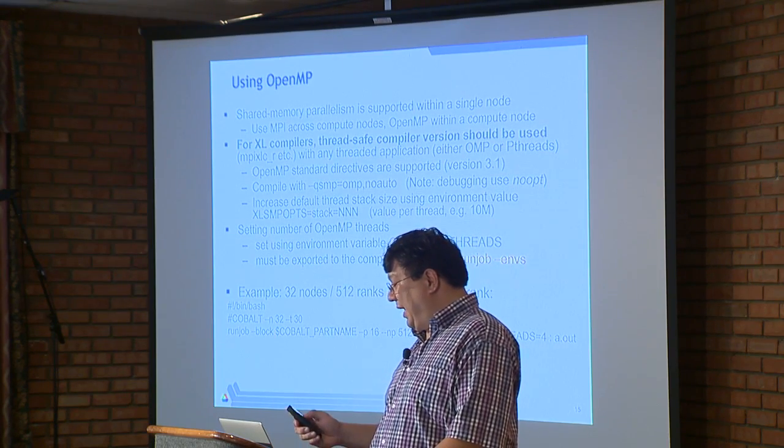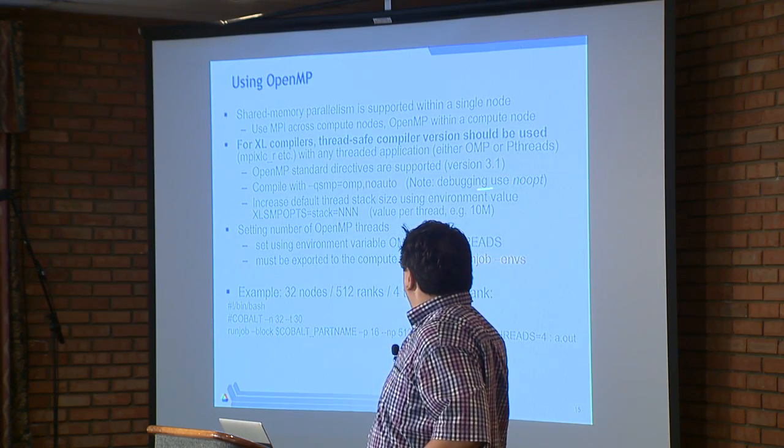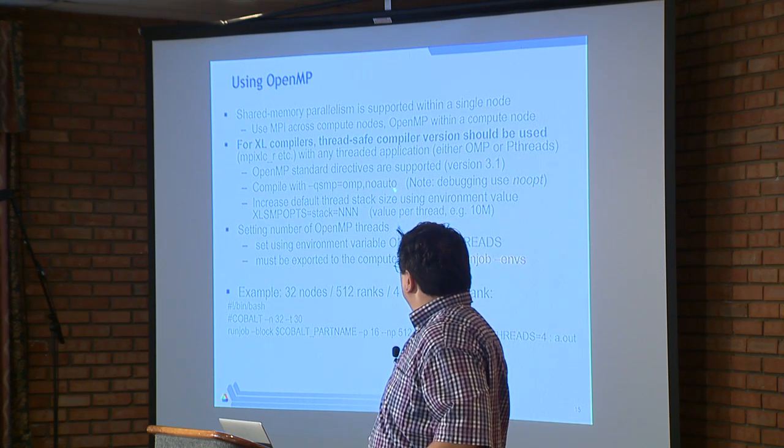And that implies that it goes through some of the earlier stages of optimization, even if you selected -O0. So if you're debugging and you say -O0, but you also turn on OpenMP, you will not in fact get O0 in the OMP loops. You can, however, fix that by adding noopt as a third option here.